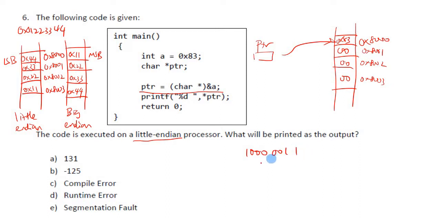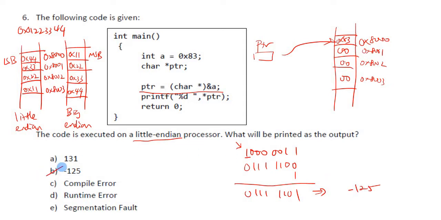Since this is a signed number, the most significant bit tells me it's a negative number, so the actual value is obtained by doing a 2's complement. So 0111 1100, and I add a 1, so it's 0111 1101, which is equivalent to 125. Since the most significant bit is a 1, this means it is negative 125.